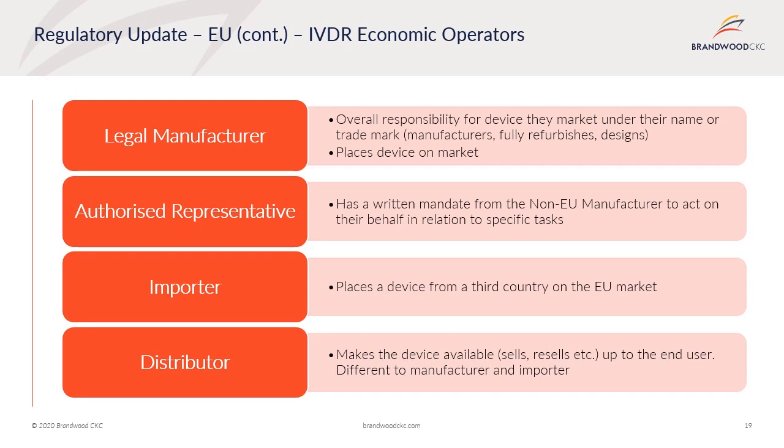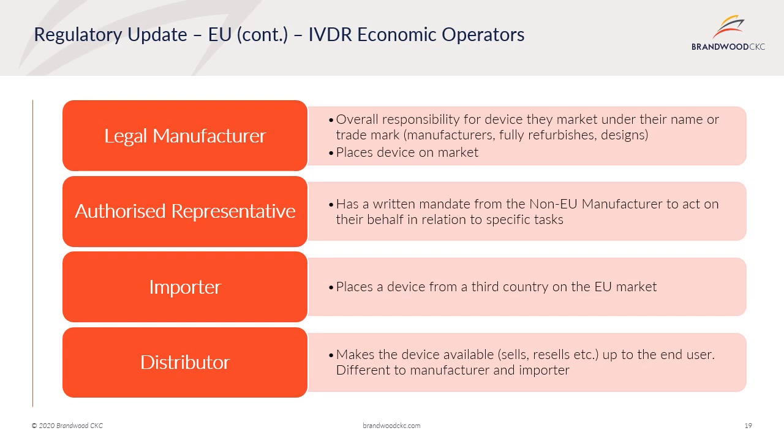An authorized representative is those that are able to act on your behalf. An importer is somebody who places a device from a third country onto the EU market, and a distributor makes those devices available. Now, again, we all kind of had the understanding of these definitions, and we all kind of used them previous to the IVDR, but now it's defined and delineated specifically. And I think the interesting part is on the authorized representative, because there's much more liability assigned to authorized reps under the IVDR.